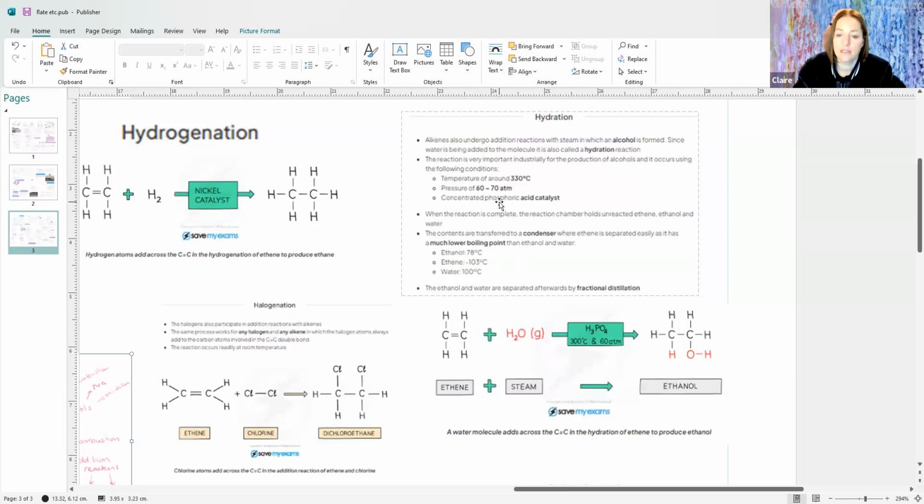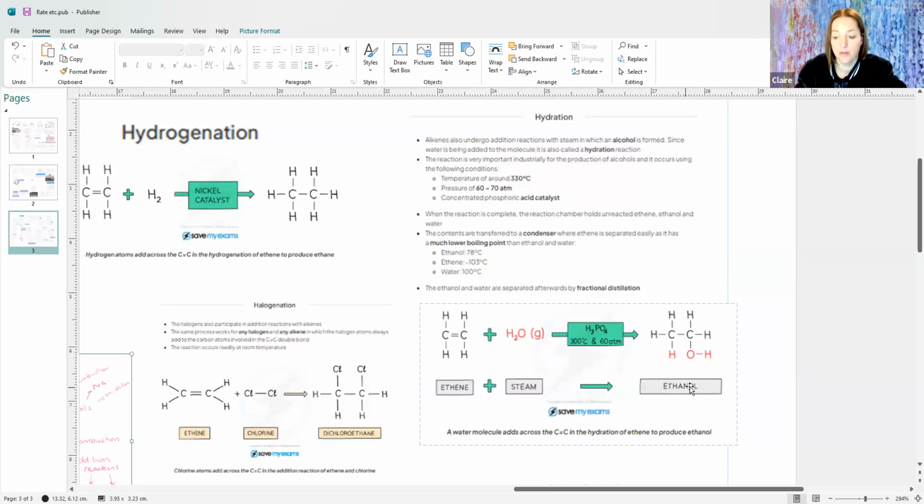Yeah, concentrated phosphoric acid. Okay, so that is on there. I'm just checking that word was on there. Really high temperatures, high pressure as well. Okay, these are the sort of factors that you could be asked about, and you might have to describe them if you're asked what happens when it reacts with water. Okay, so you produce ethanol.